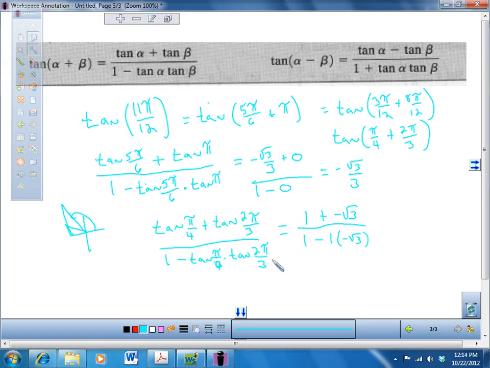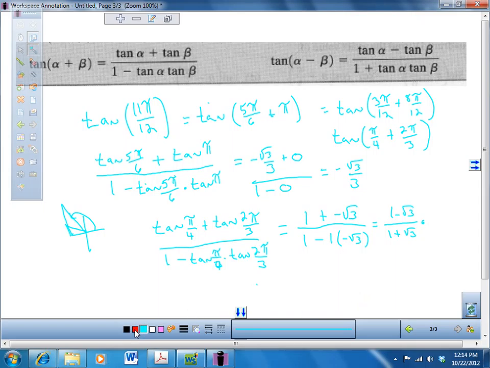So what's nice about this is it appears twice, so you don't have to look these things up twice. All you really need to know is two different tangents. And so this is 1 minus root of 3 over 1 plus root of 3. And I want to make it look like this. I bet I can do that. Anyone know how to make it look like that?